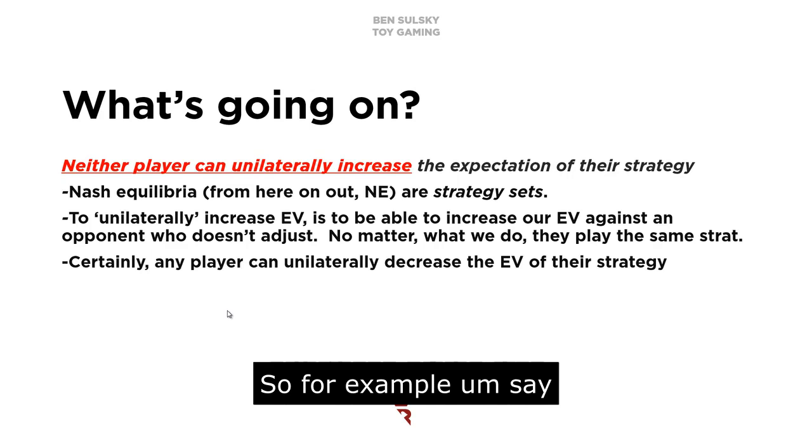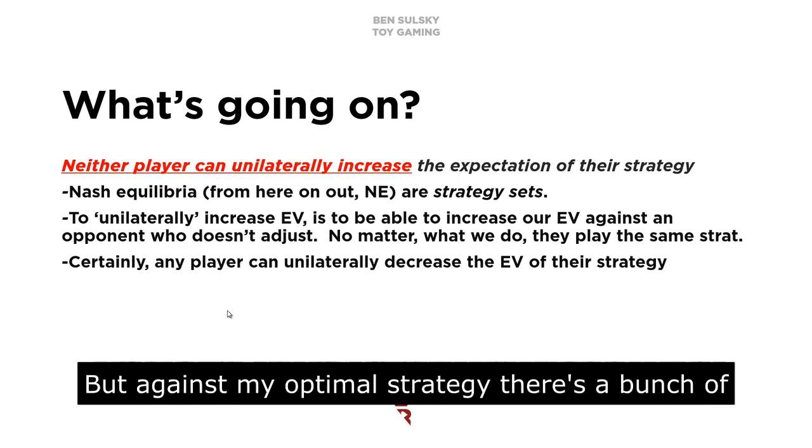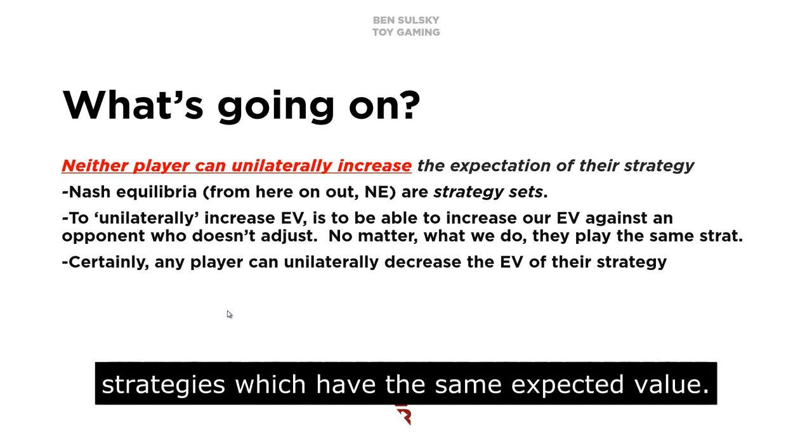So for example, say I'm playing an optimal strategy X. But against my optimal strategy, there's a bunch of strategies which have the same expected value.